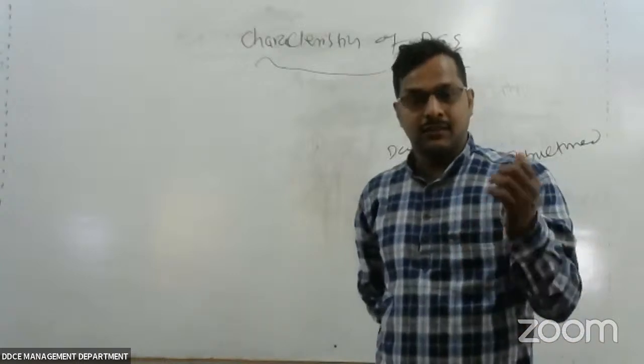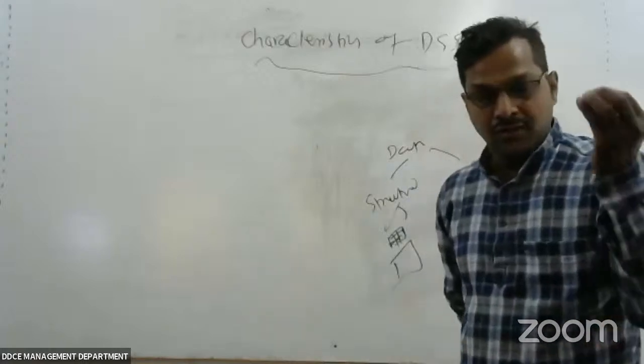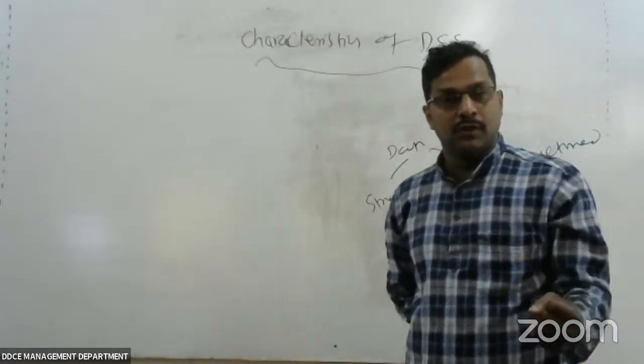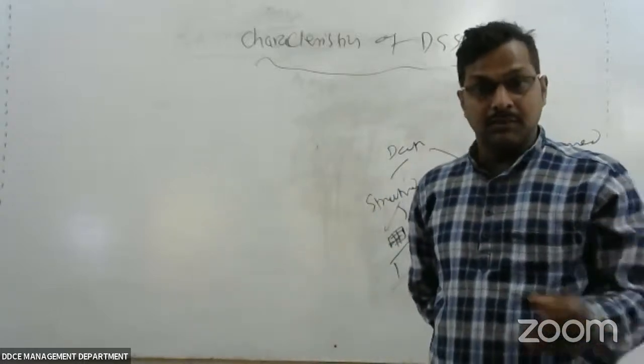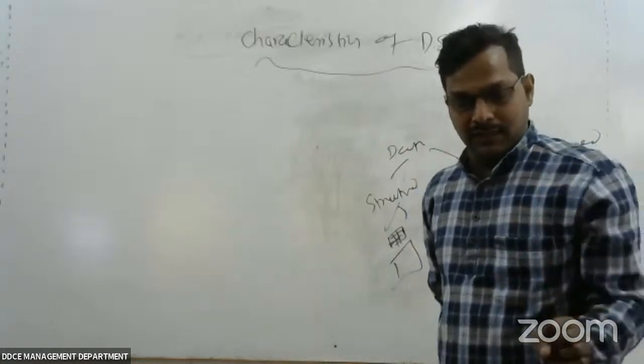So we also have to work with that, because some data is present in a structured manner, and some in an unstructured or semi-structured manner. Web data is considered semi-structured.